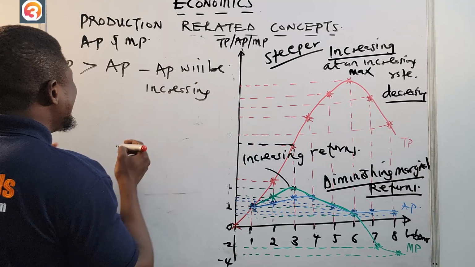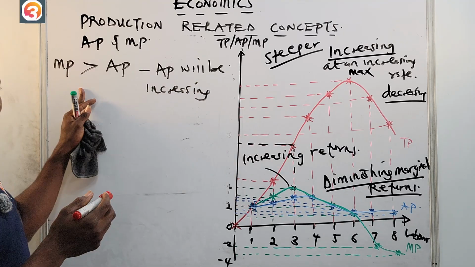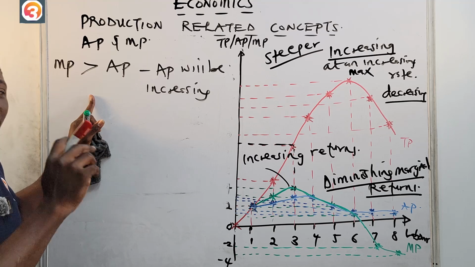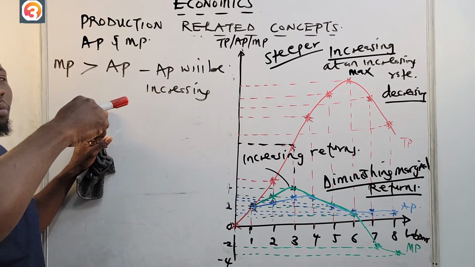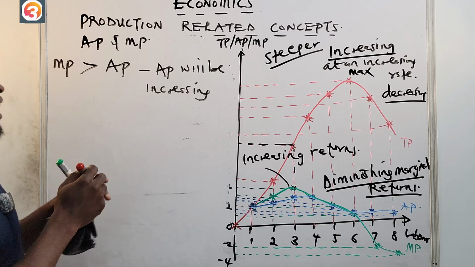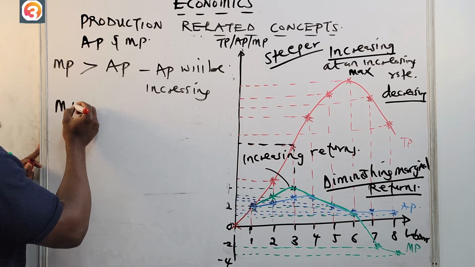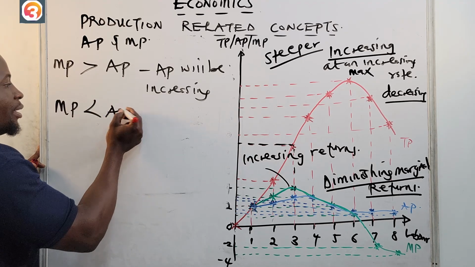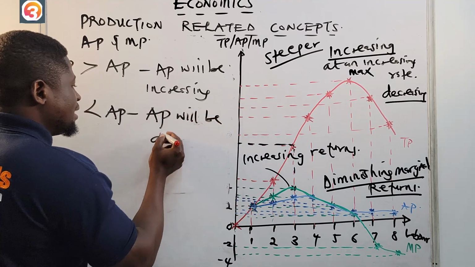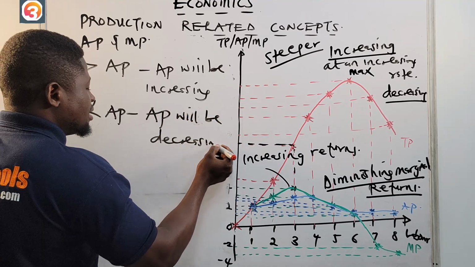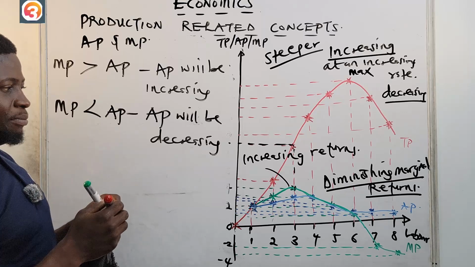Anytime that marginal product is greater than average product, it will jack up the average product. Average product will be increasing. And anytime that MP is less than AP, AP will be decreasing. So it's as simple as ABC.